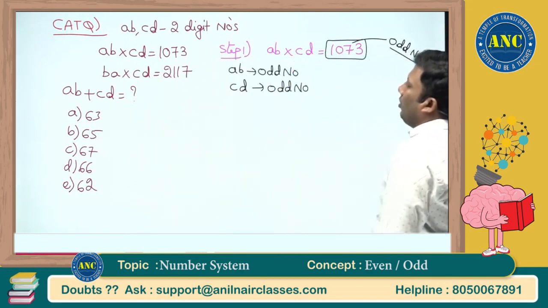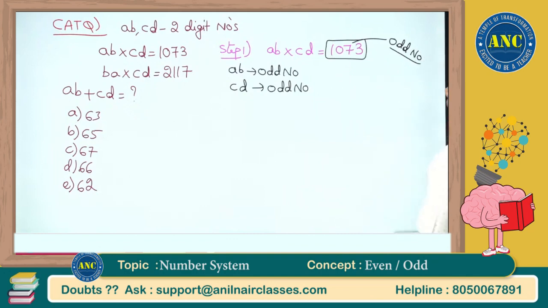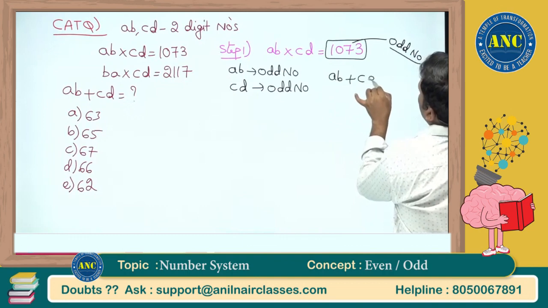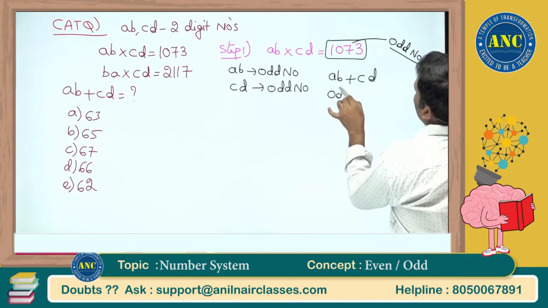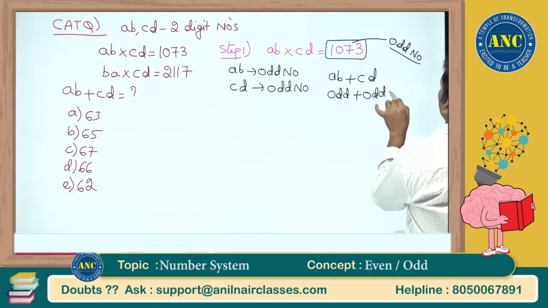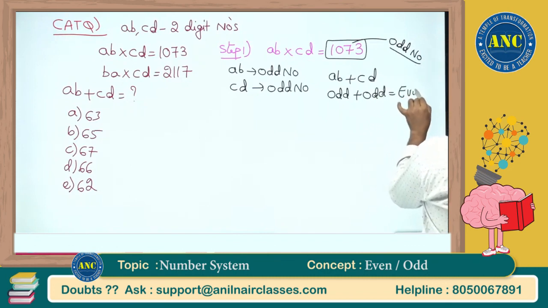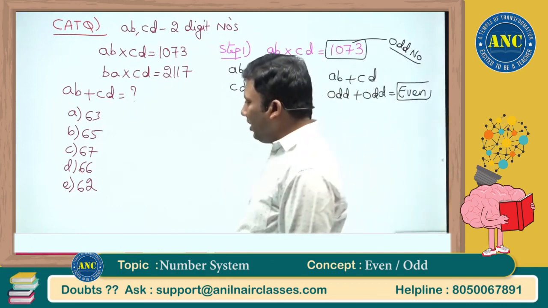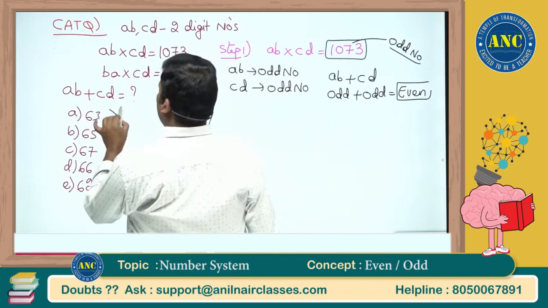Read the question: AB plus CD. AB is an odd number, CD is an odd number. Odd plus odd, just now we discussed, the answer has to be even.